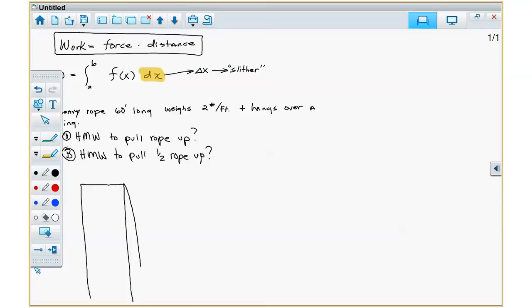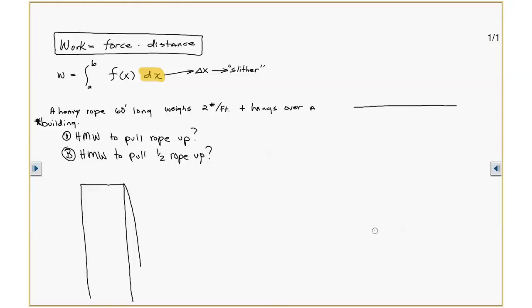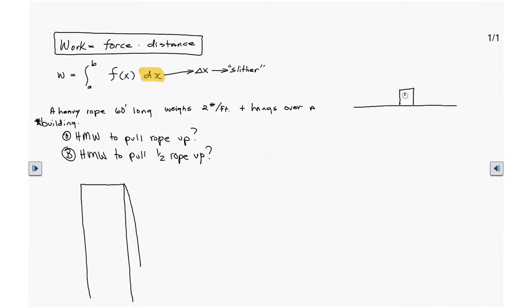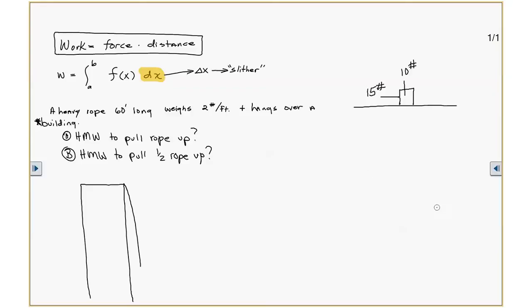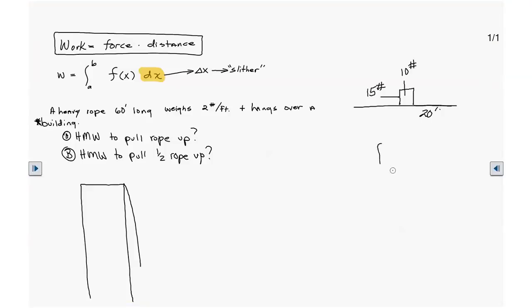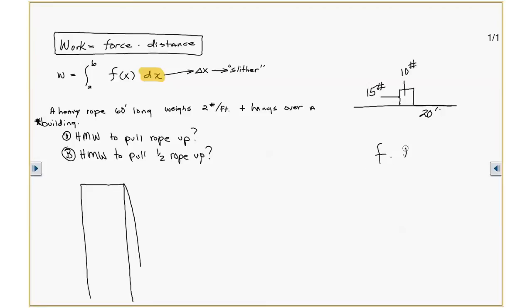Now, in your basic type of statics and dynamics problems, you're usually talking about vectors, but if you have a floor and you've got a 10-pound box and you push it with 15 pounds of force, or whatever, and you want to push it 20 feet, then work is equal to force times distance.